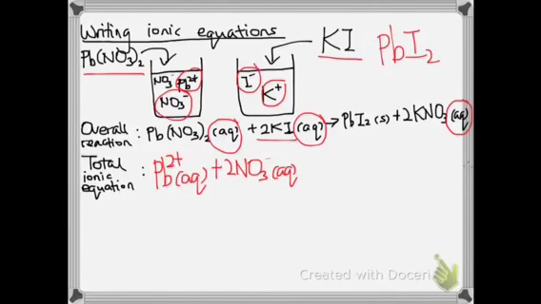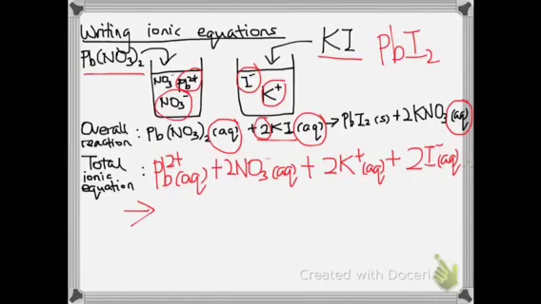Next, let's take a look at potassium iodide. Potassium iodide splits into K+ and I-, right? But because of the stoichiometric ratio here, it will form 2 K+ (aq) as well as 2 I- (aq). And that's it for the reactants.